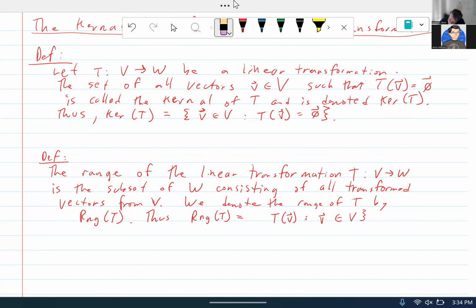It's just all the output values that I could possibly have. Which makes sense. Think of the domain as the vectors v and the range as the outputs after they're transformed.